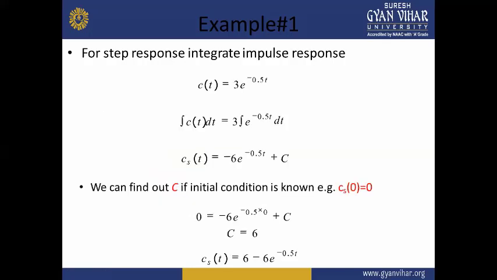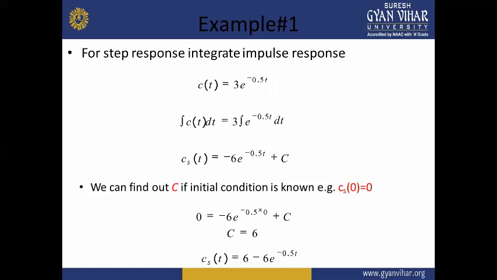For the step response, we will integrate this c(t) first of all, because the differentiation of the step response is the impulse response. So if we have the knowledge about the impulse response, when we integrate it, we will get a step response. So c(t) after the integration is minus 6 into e^(-0.5t) plus C. We can find C from the initial conditions, and since in this case we do not have any initial conditions, we take it as 0.